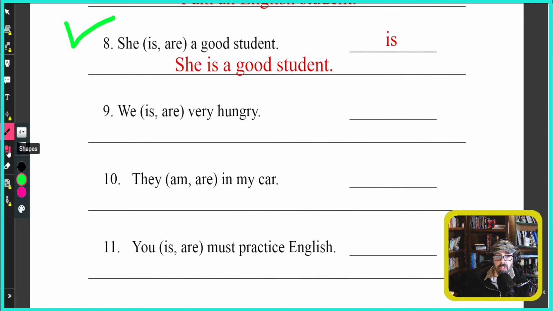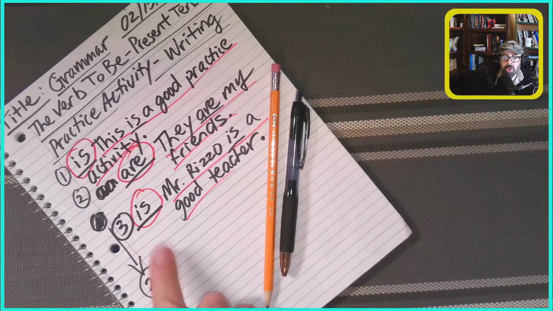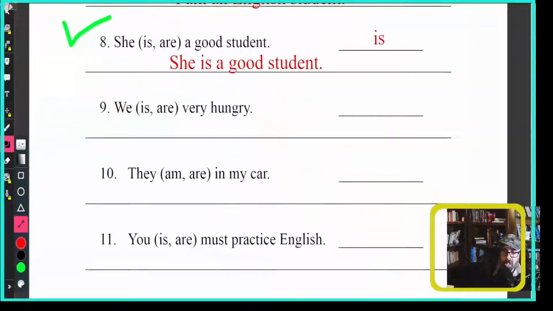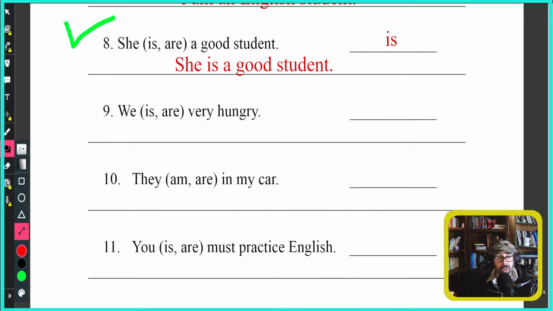Number 9. We is or we are very hungry? Is or are?